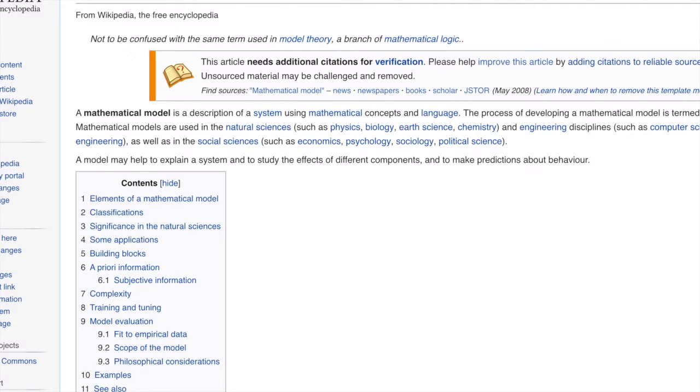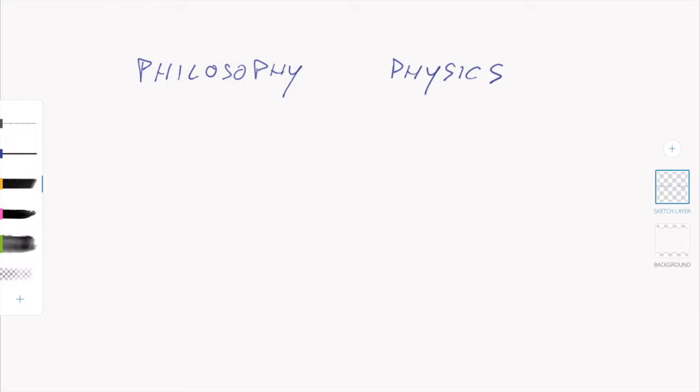Well, that said, let's switch to some further considerations about mathematical models and mathematics as well. I'm sure you know that once philosophy and physics were together. They were two different sides of the same line of thought.